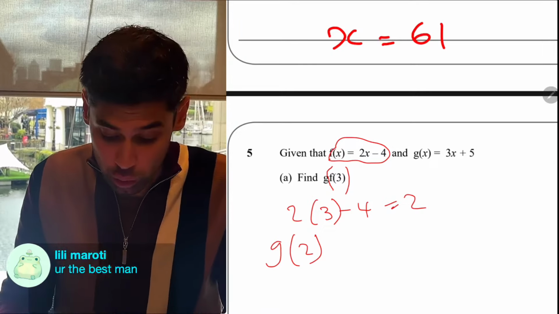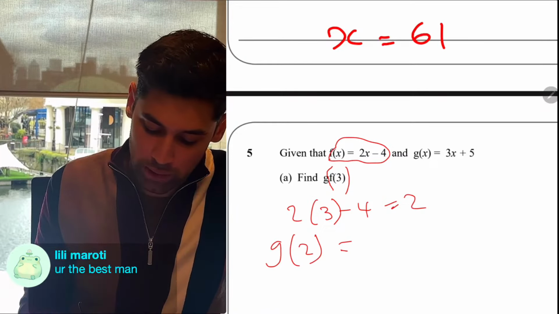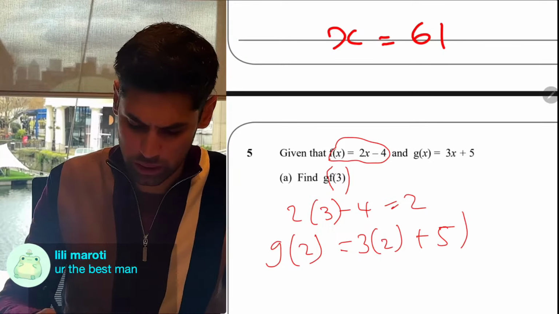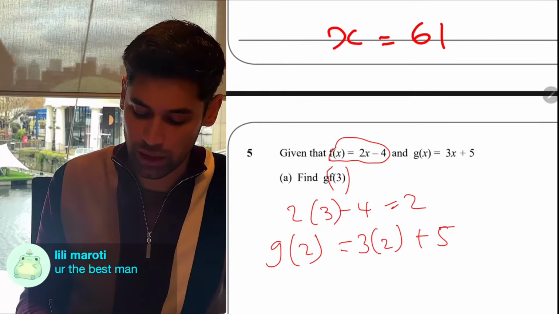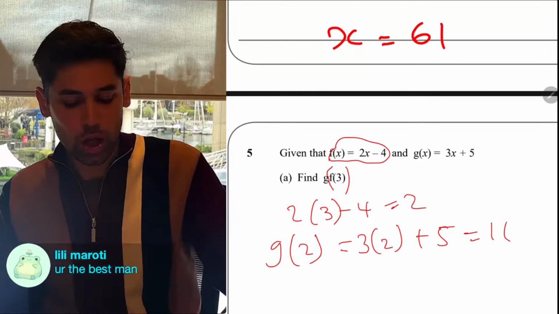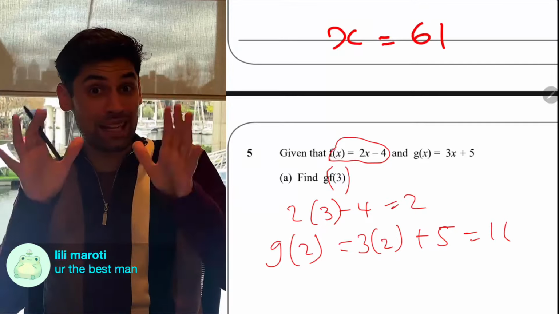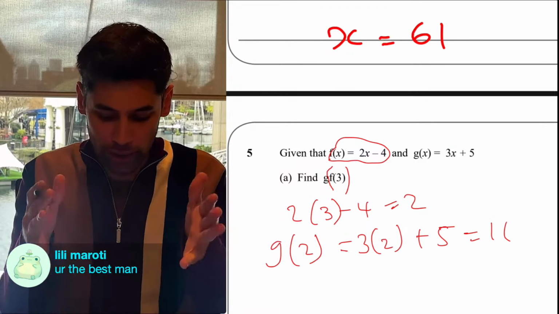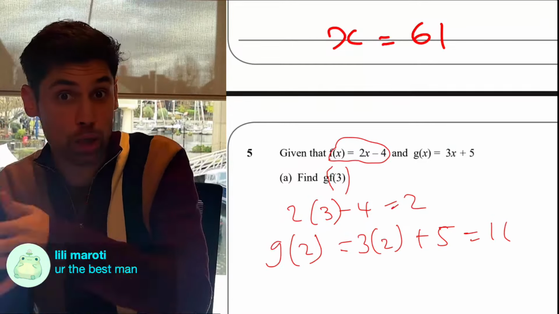Then we just plug 2 into the g function, so it's 3 brackets 2 plus 5. 3 times 2 is 6, plus 5 is 11. So putting that bracket to separate the letters is such a powerful tool because it just creates two simple algebraic substitutions.